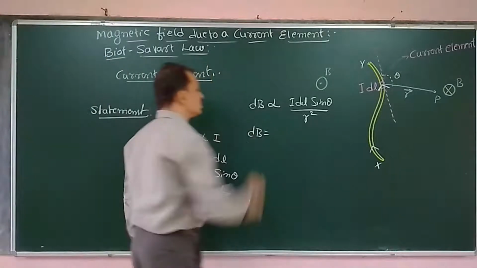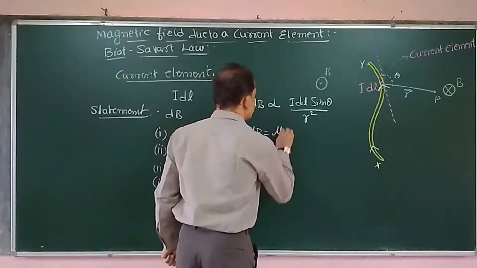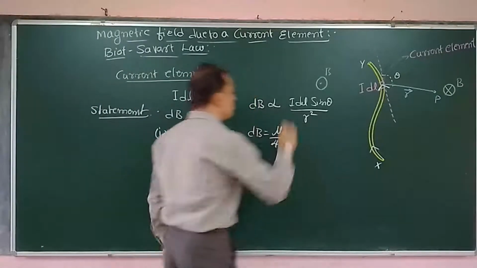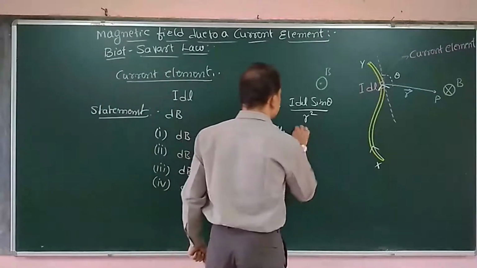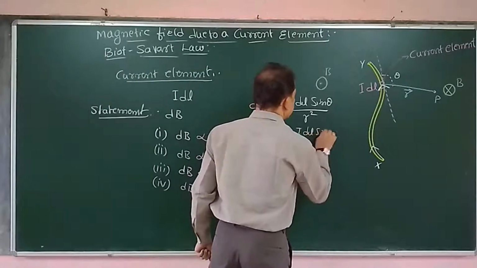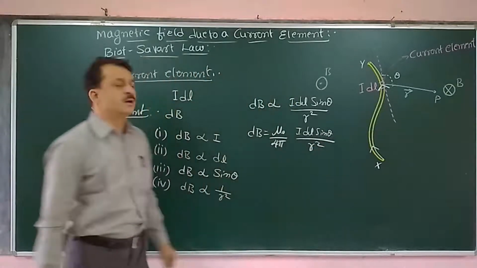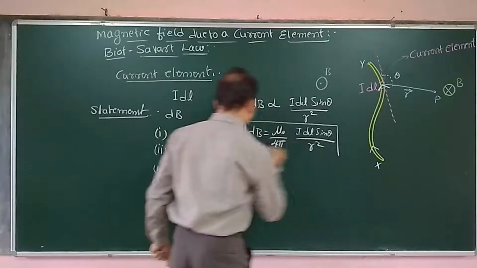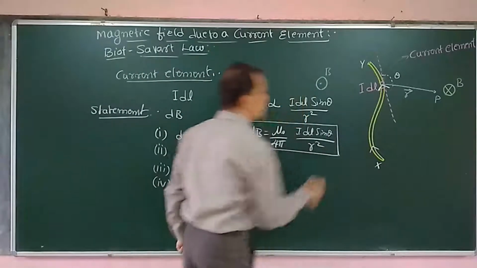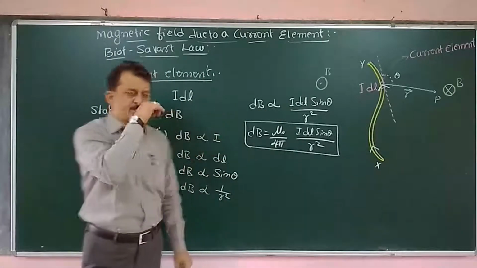Therefore dB is equal to mu naught divided by 4 pi into I dl sin theta divided by r square. Now this is the magnitude of the magnetic field at a point produced by a current element.